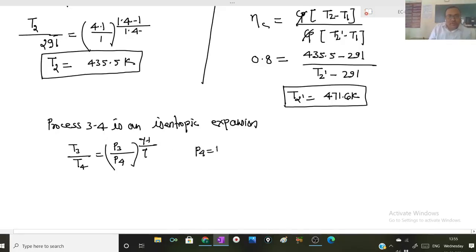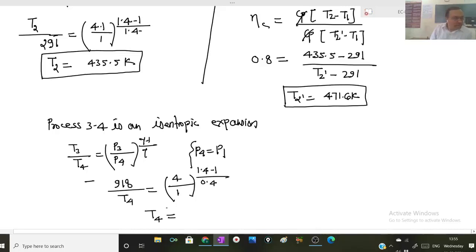P4 is equal to P1. So we have the value of T3 as 918. T4 we are supposed to calculate. P3 I could calculate as 4 and P4 is 1. And 1.4 minus 1 over 1.4. So from here the value of T4 comes out 617.8 Kelvin.